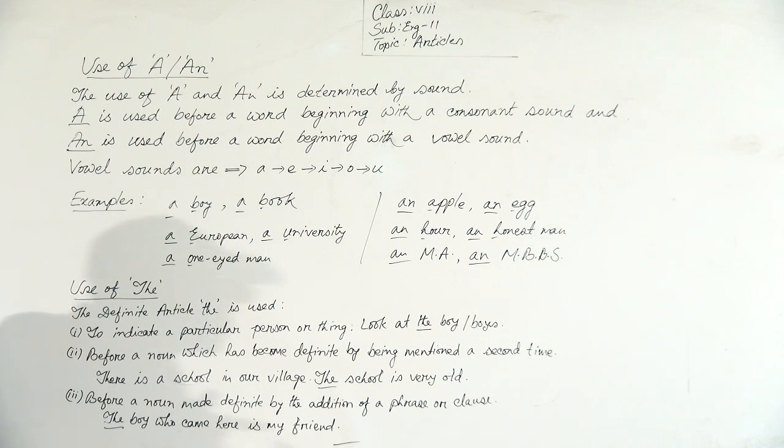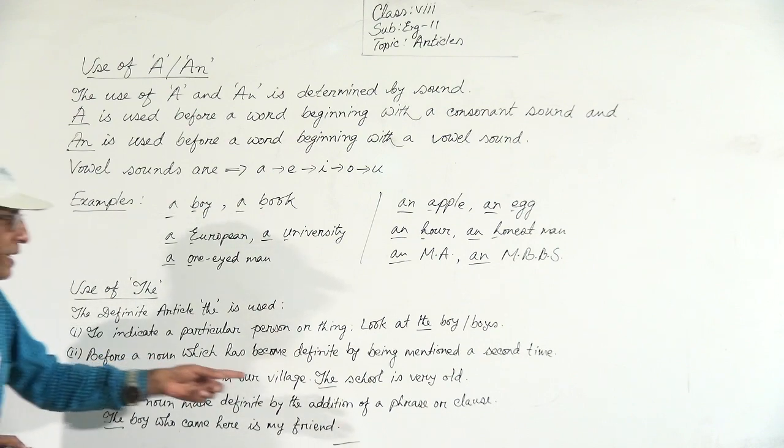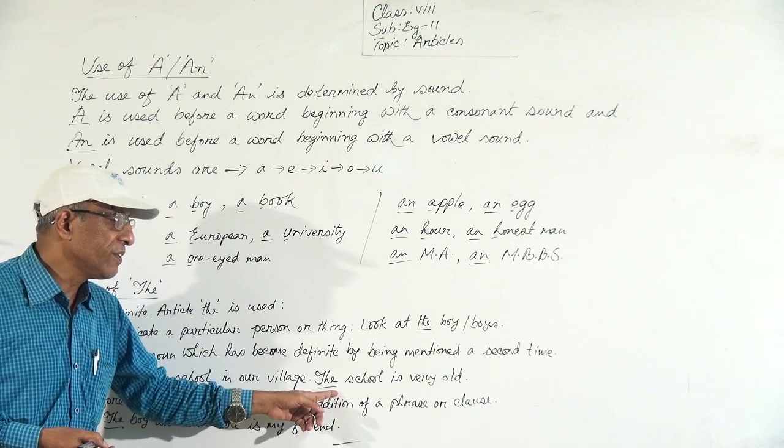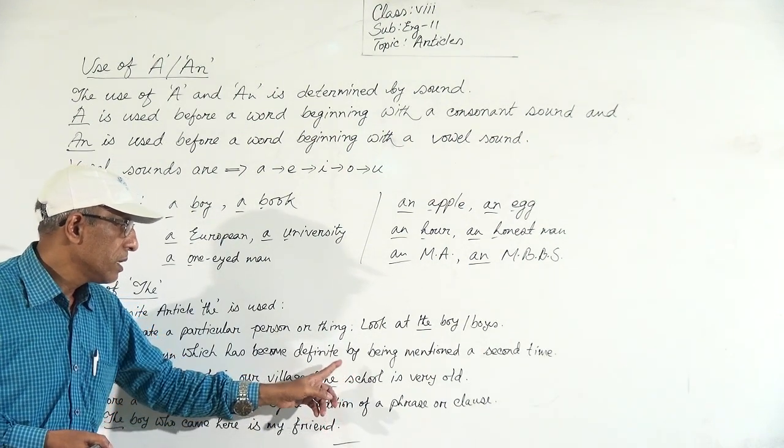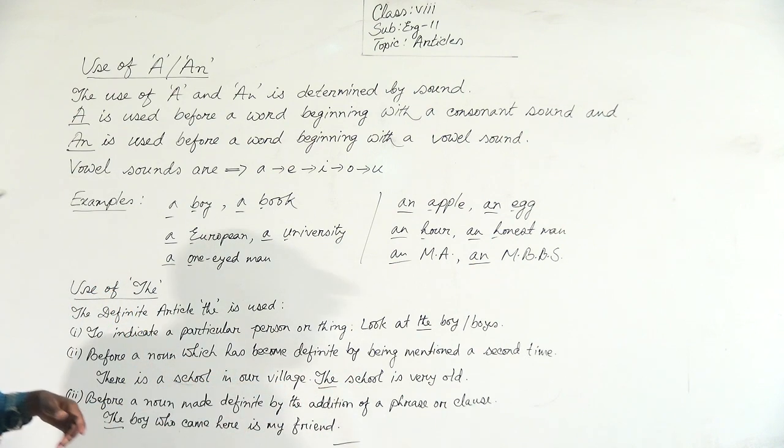The school is very old. But the second time, it has become definite. So here you have to use the definite article THE before school, because the school has become definite by being mentioned a second time.